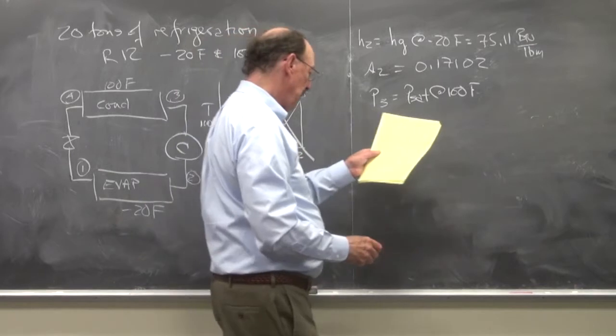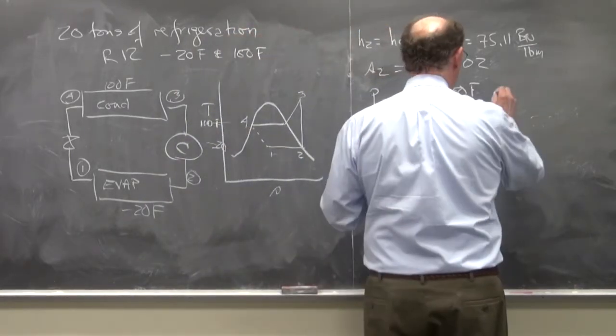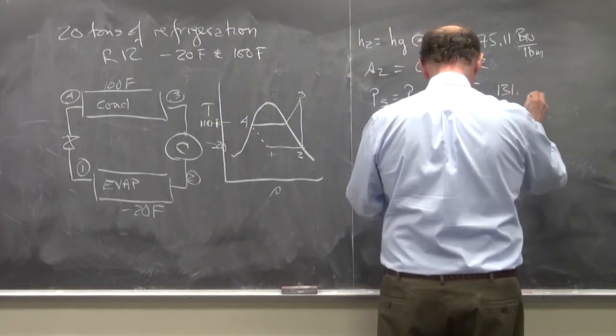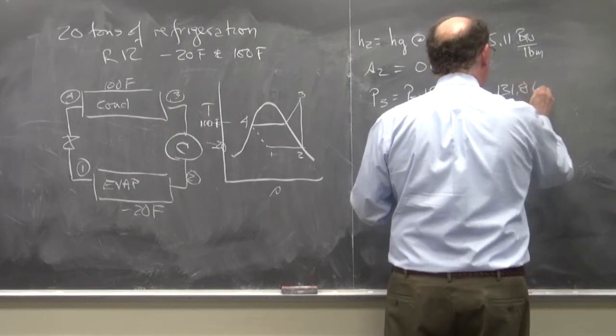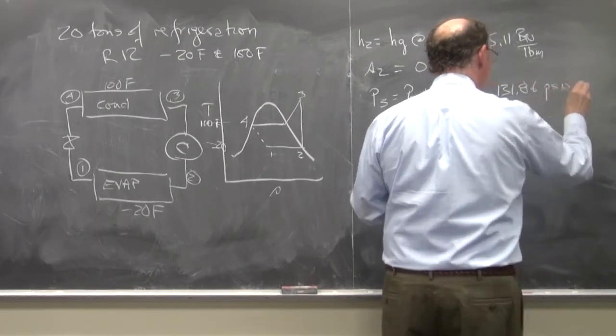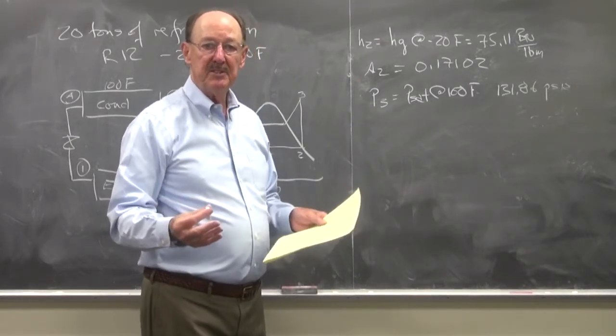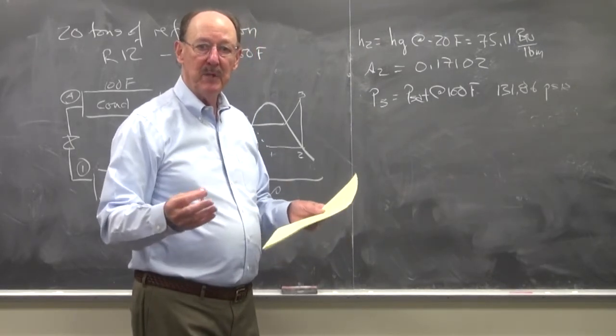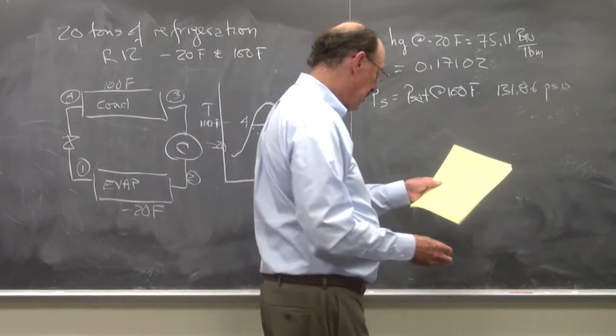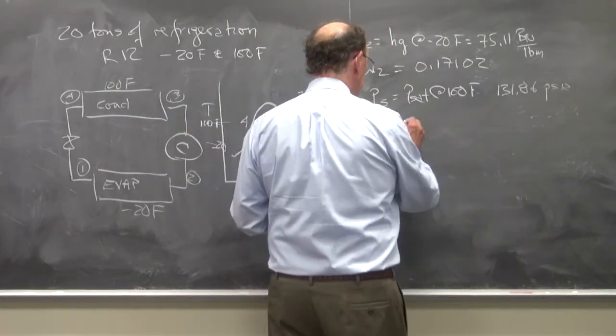If I look that up, it's 131.86 psia. And we don't have tables for that. So for our purposes in this course, pick the nearest table that we have, and that is a pressure of 125.